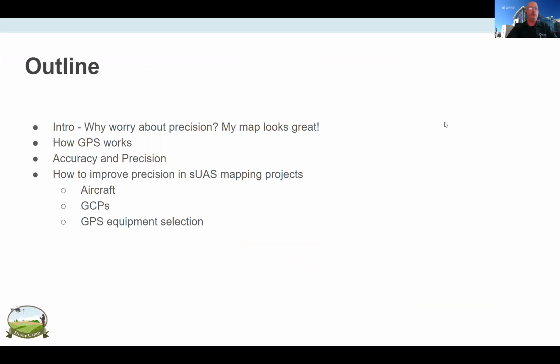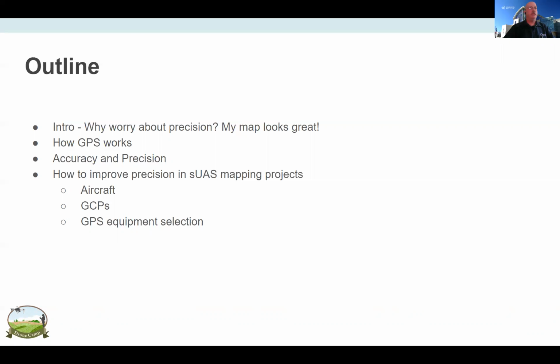A little outline of the talk today. First, we're going to talk about why precision is important and reasons why we might want to increase the precision of our mapping products. We'll talk a little bit about how GPS works, because by and large, most of the methods that we have for making more precise maps are dependent on GPS.